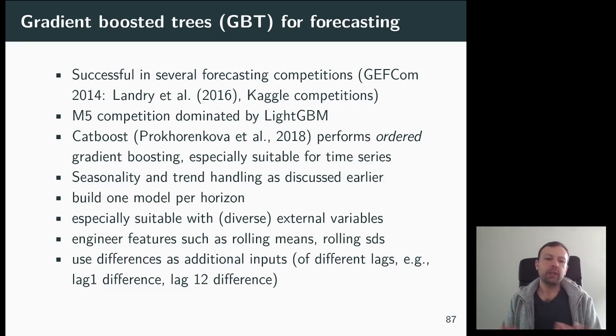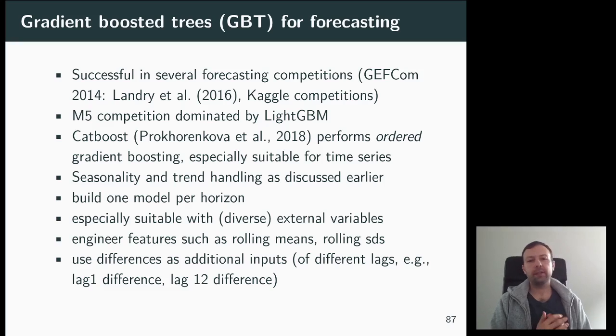So in a monthly series situation, you have a February value, you subtract the January value. That's your lag 1 difference, and you take the January value and subtract last year's January value. That gives you the lag 12 difference, and those are all features that you can engineer and feed into the model. And that works quite well.